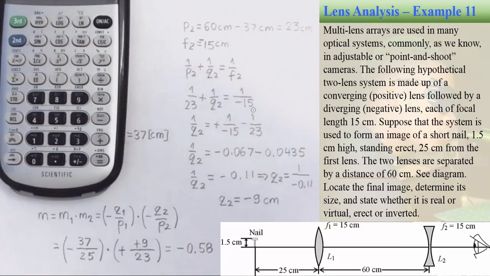Now let's interpret this final value. So number one, as you can see, the magnification is less than 1, which means that the image formed by this two-lens optical system is going to be smaller than the original. And also it's negative, which means that it is going to be positioned on the side opposite to the original.